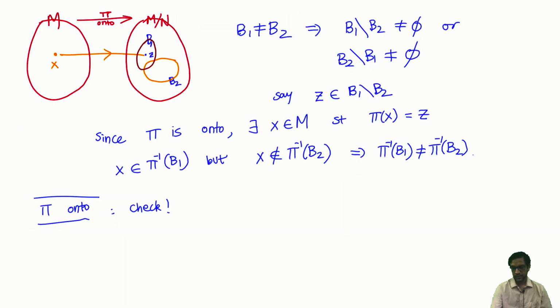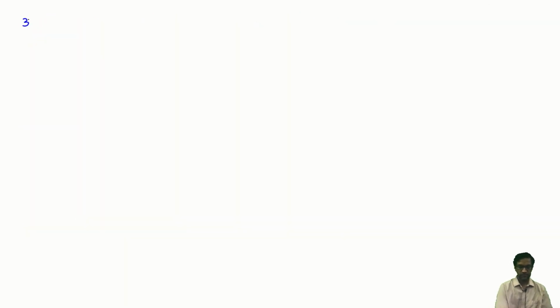Now let's do one last problem which uses this submodules of a quotient business. Let me take a specific module. Suppose I have Z modulo some power of a prime.